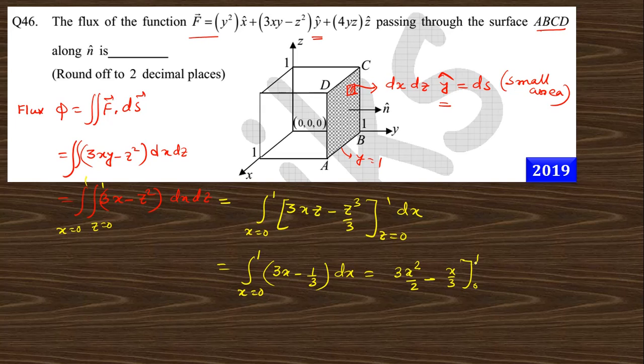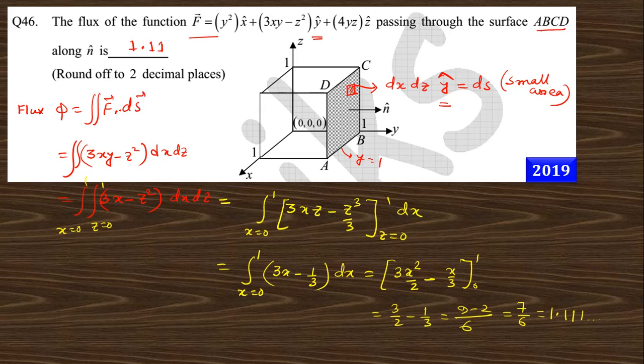If we put in the limits, this is 3 by 2 minus 1/3, that is 9 minus 2, 7 by 6, that is 1.11, and so on. The answer will be written to 2 decimal places. So after the point there are 2 terms.